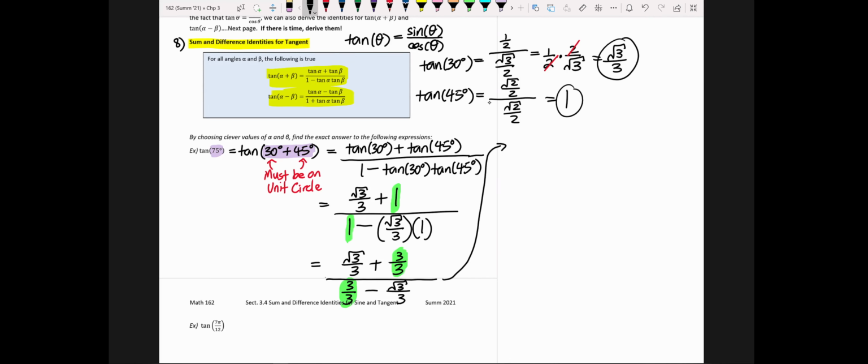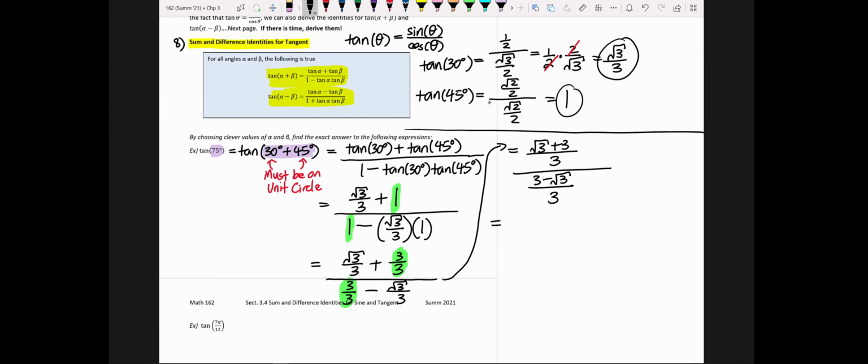Now we can move up here. So on top, this is root 3 plus 3/3. On the bottom, we have 3 minus root 3/3. Okay.